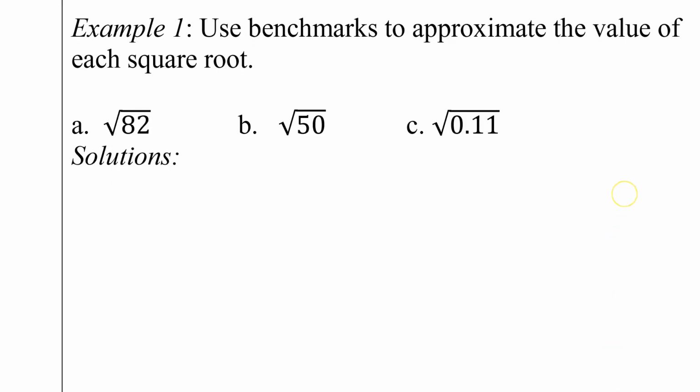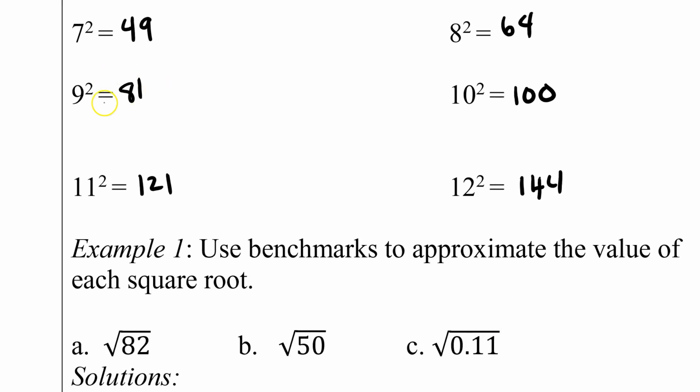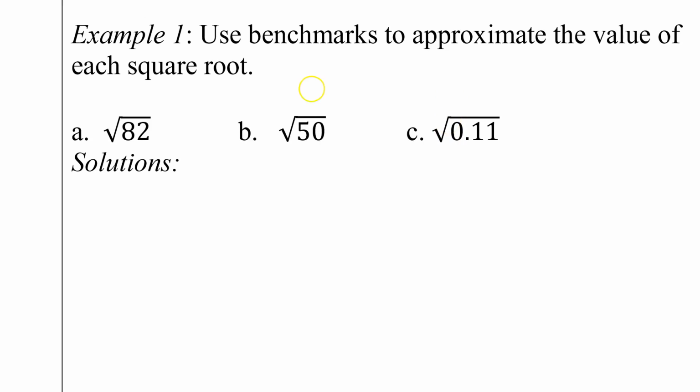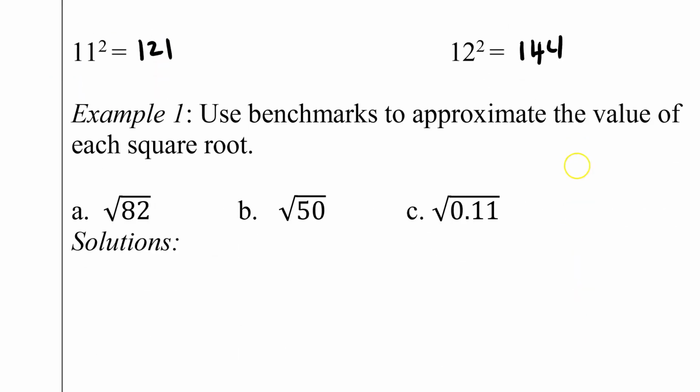So it says right here, use benchmarks to approximate the value of each square root. So you're going to notice 82 is pretty close to 81, but it's not 81. So it's not a perfect square. This one right here, 50, it's pretty close to 49, but it's not 49.